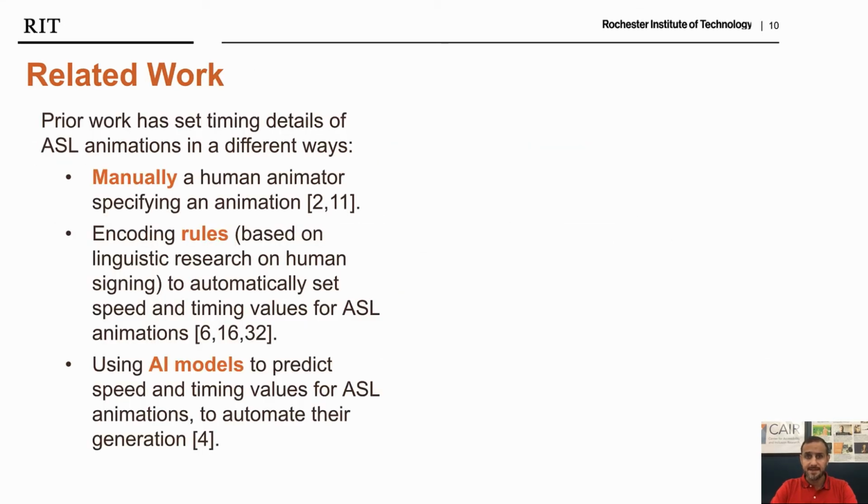Prior approaches of selecting speed and timing parameters for ASL animation have included asking a human artist to set the details of the animation manually, or writing rules to engineer speed and timing, or building software to predict speed and timing based on AI models.